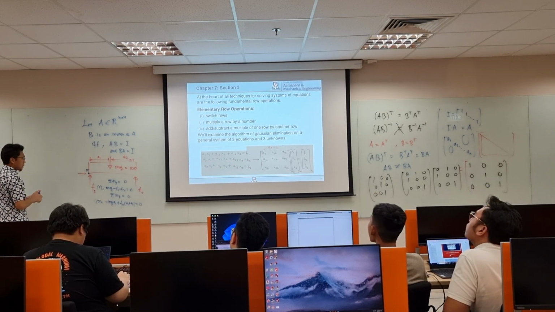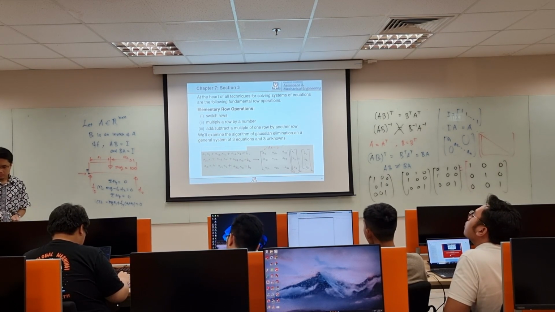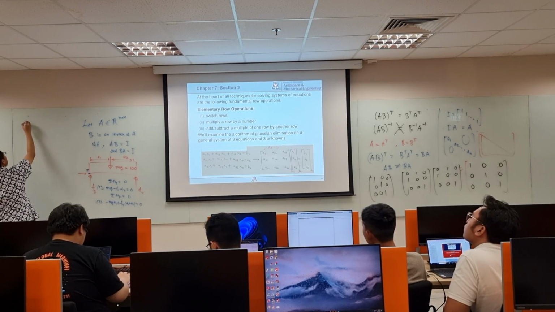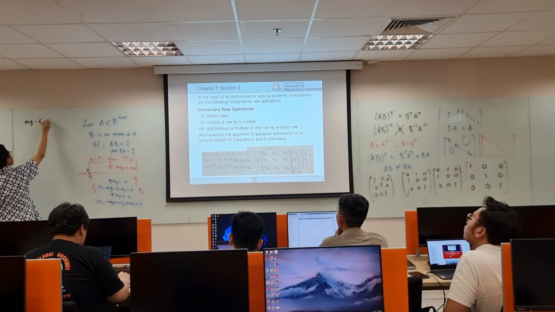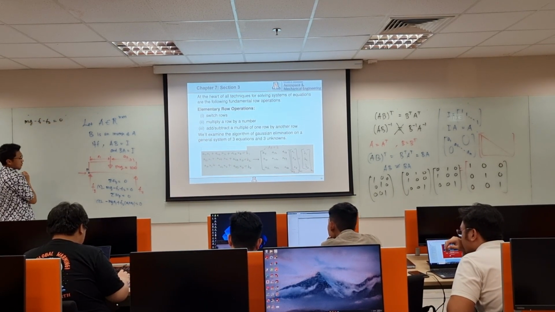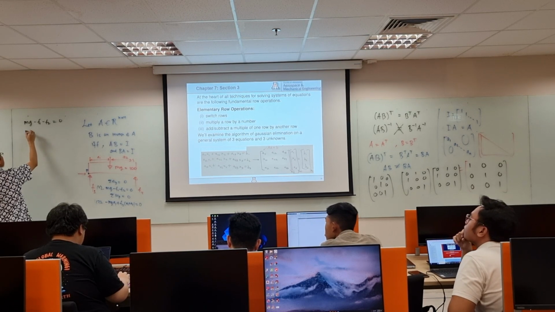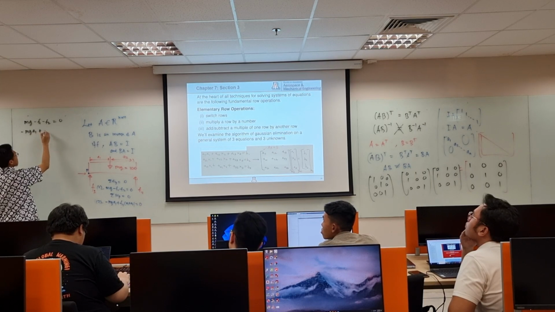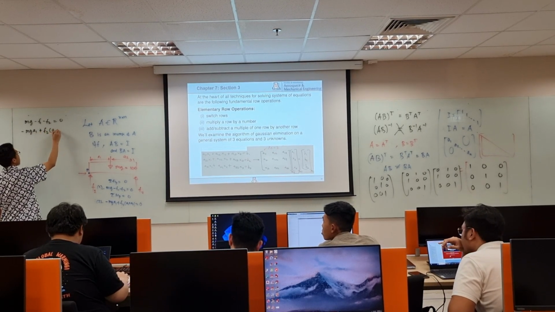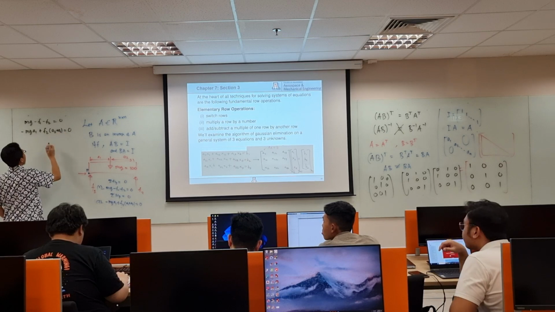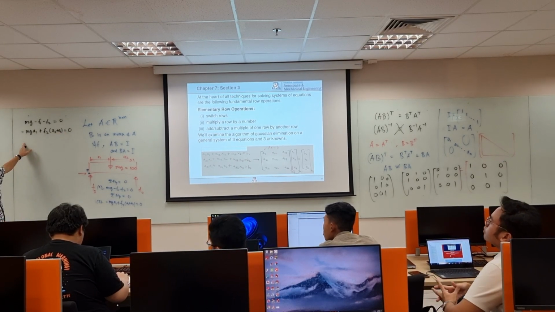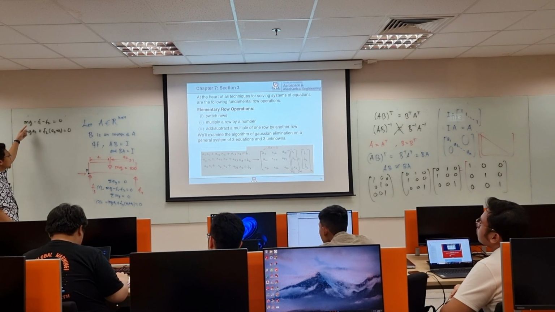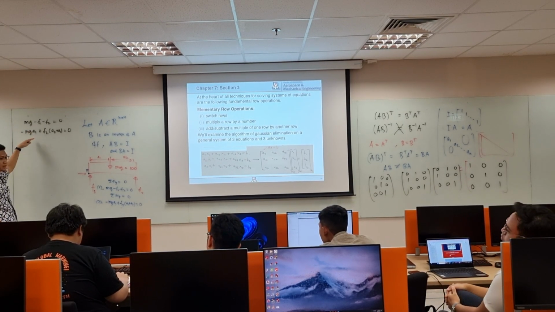Let me write it over there with black color. So you have mg like this, and then mg a1 minus f2 times a1 plus a2. Okay, this is what we call linear equation. We have two equations, and then we have two unknowns.